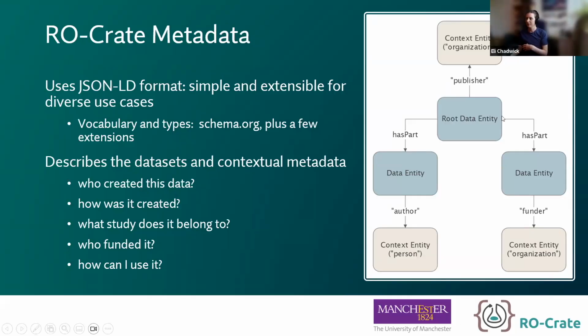So you have a data entity that has an author that is a person, or has a funder that's a particular organization. And all this gets connected to something called the root data entity, which is like that core central description of the dataset that might be, again, published by a particular organization. These terms like hasPart, author, funder are standardized terms coming from schema.org or other vocabularies.